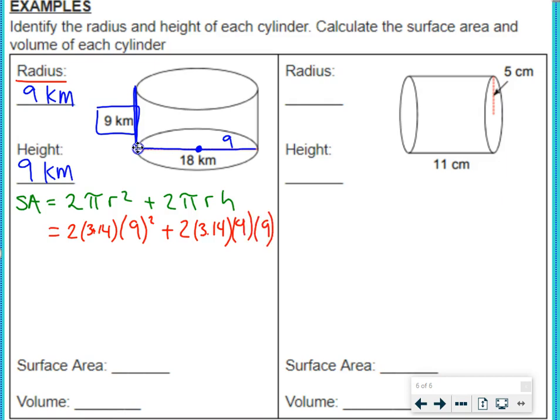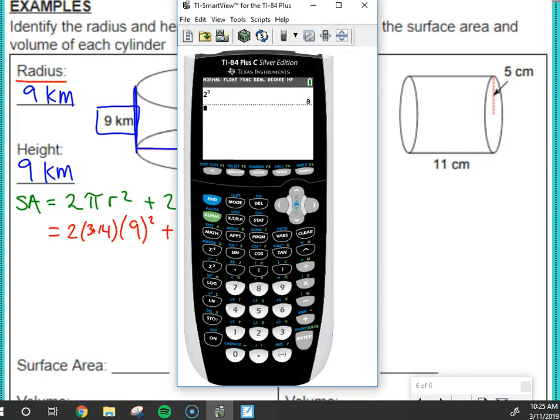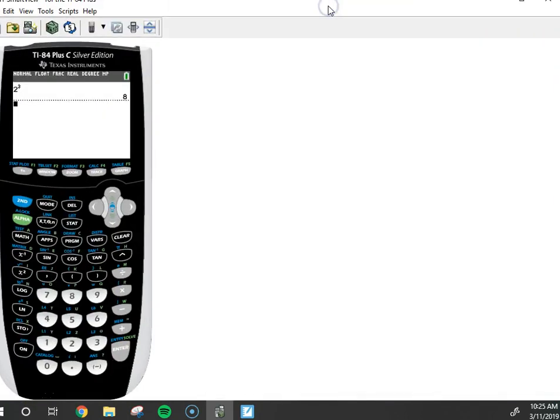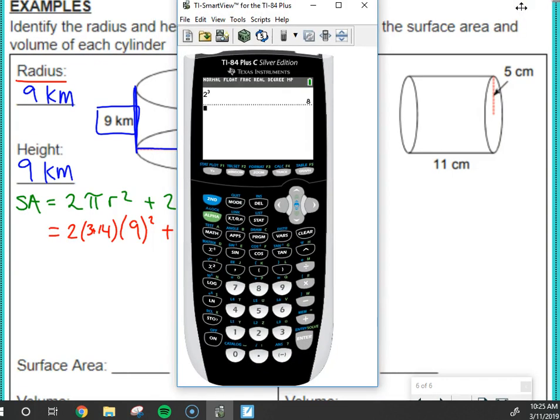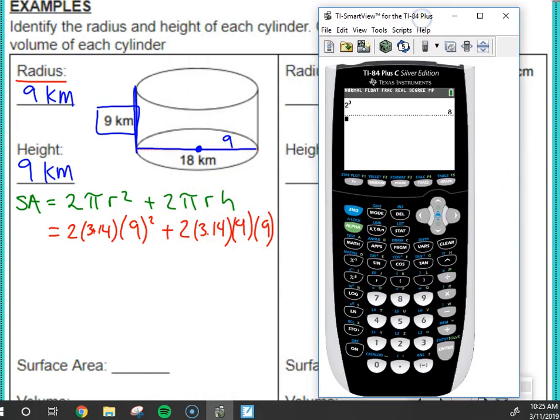So now comes time for our handy calculator to come into play. So we have our calculator. And we're going to type in this whole piece that I wrote in red. So we have 2. Parentheses are above the 8 and 9. Otherwise, we can also use the times symbol, but I like using the parentheses for consistency.